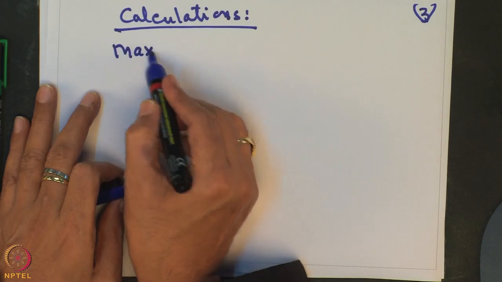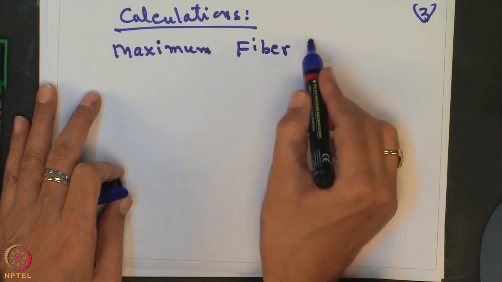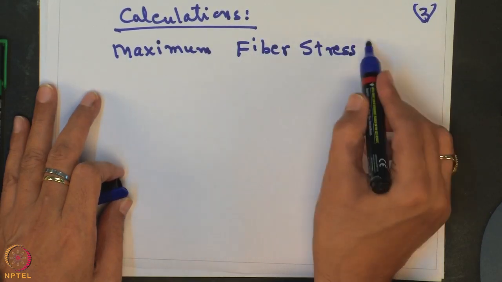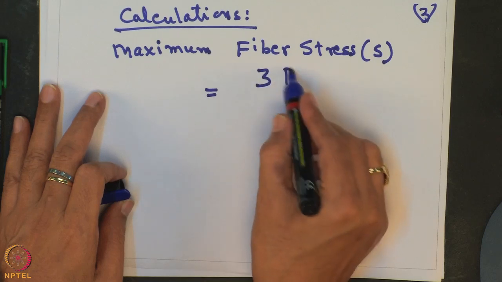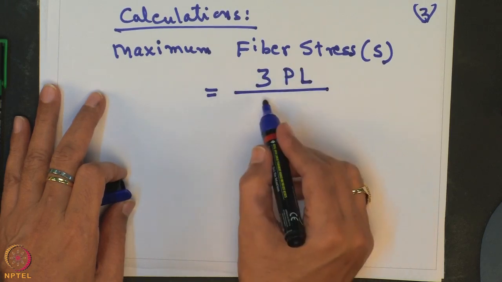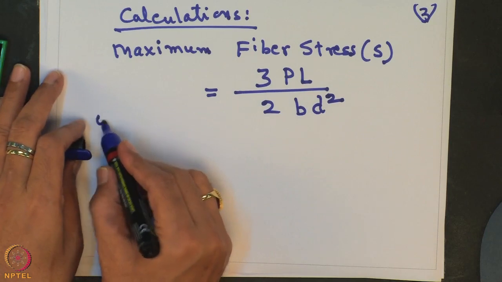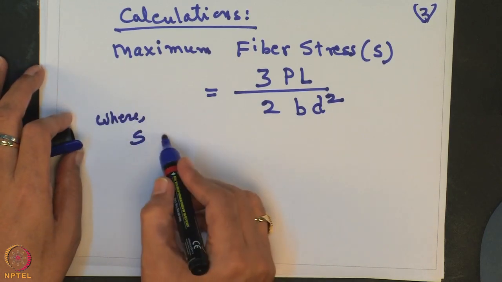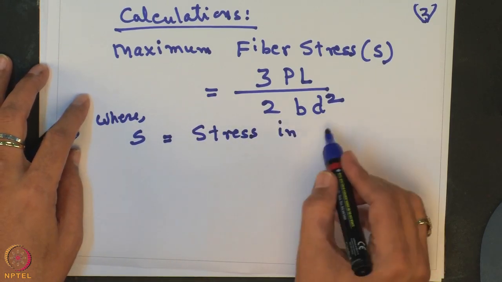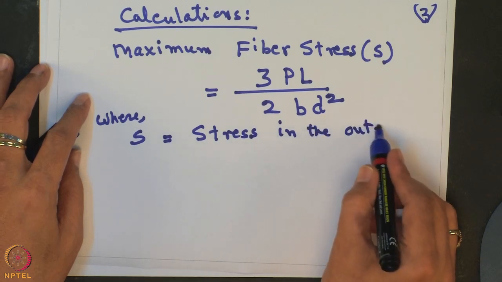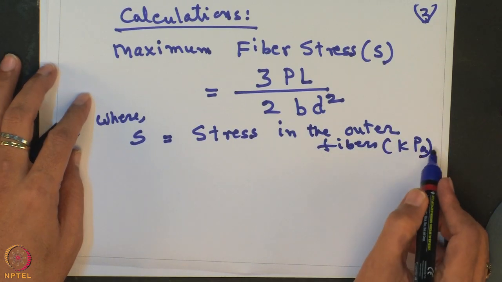Maximum fiber stress, let us say S. S is equal to 3 into P into L, divided by 2 into B into D square, where S is the stress in the outer fiber, that is in kilopascal.